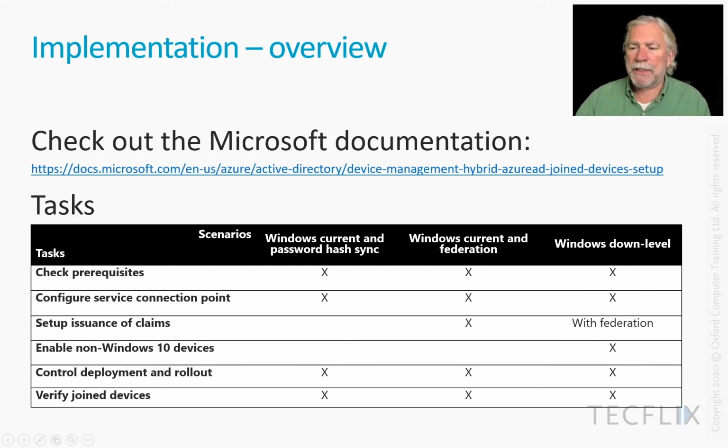A very simple, perhaps not granular enough way of doing that is if you're not synchronizing the OU, if you've filtered out an OU that contains computers, they're not going to be included. So that'd be one way of doing it, but we'll look at that in more detail in a moment. You will probably want to verify that everything's working after you've done your implementation.